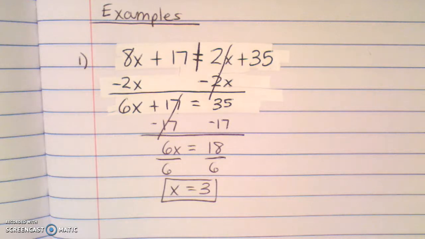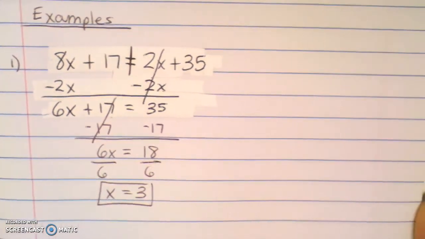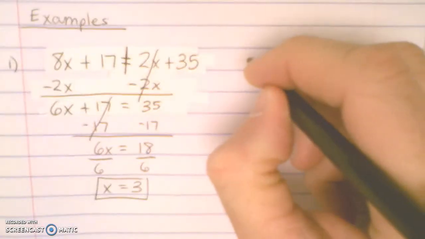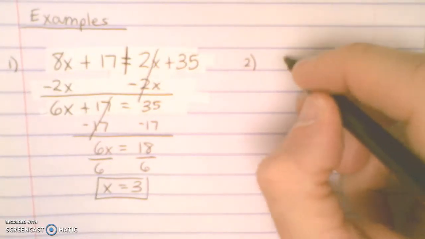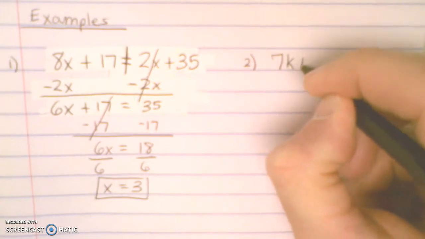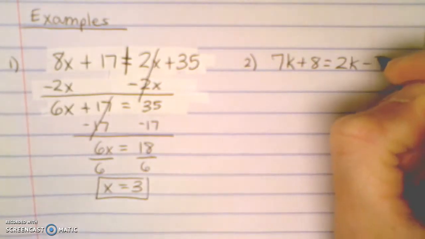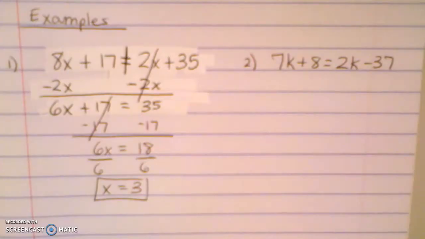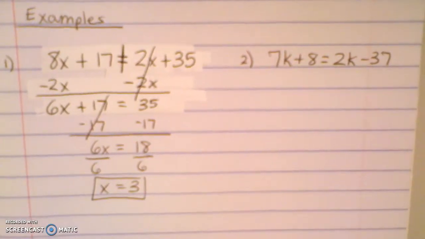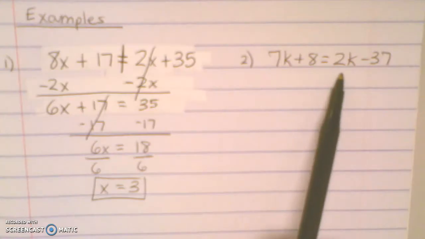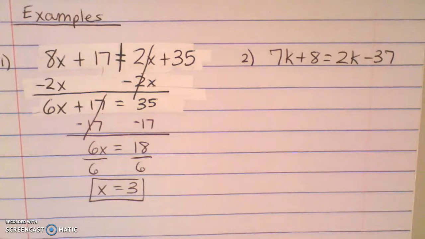Let's try another example. Let's say I gave you 7k plus 8 equals 2k minus 37. We're going to do the same idea where we have to move the variables together, using inverse operations.